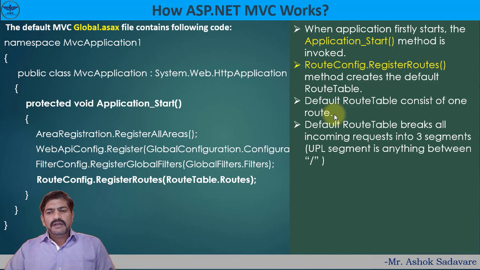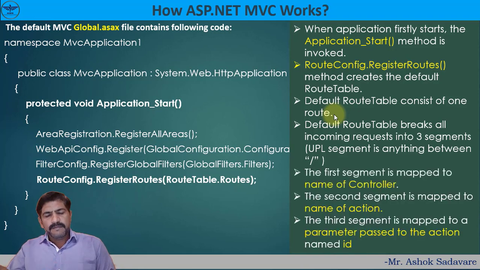The default route table breaks all incoming requests, that is URLs, into three segments. A URL segment is anything between the forward slashes. The first segment is mapped to the name of the controller.